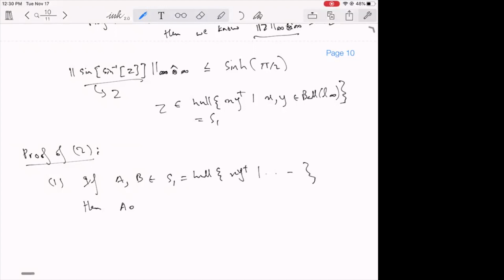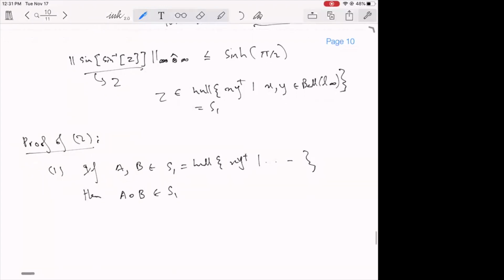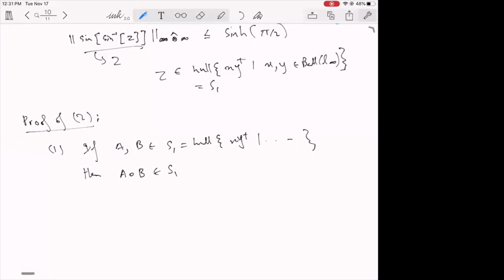A entry-wise product B also belongs to S1. The reason is the following.